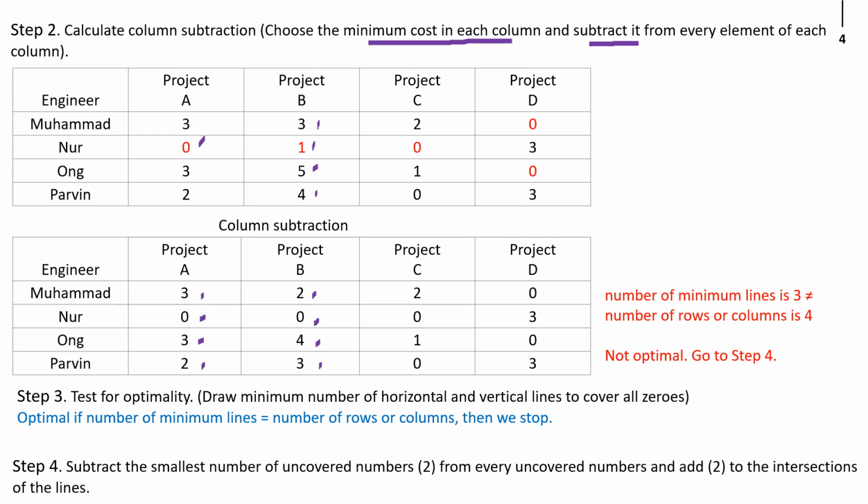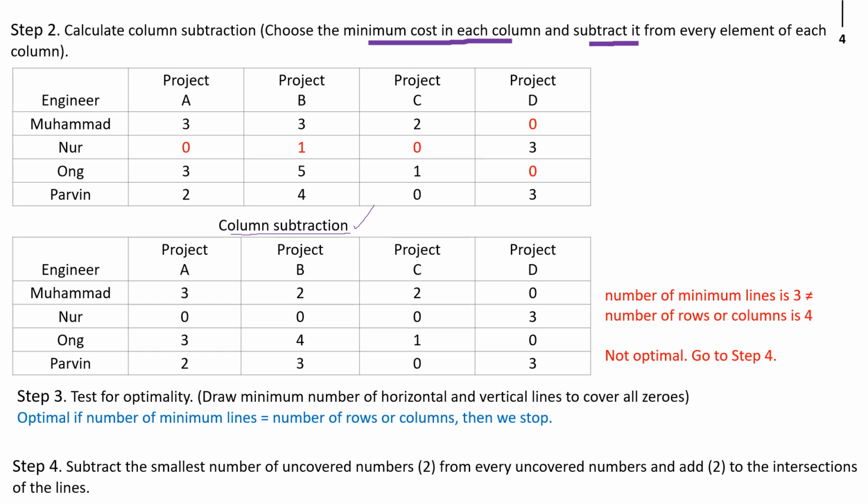For project C, the minimum cost is 0. And then I subtract from all, I have 2, 0, 1, 0. For project D, the minimum is 0. I subtract from all the elements, I have 0, 3, 0, 3. Now I have a table for the column subtraction.